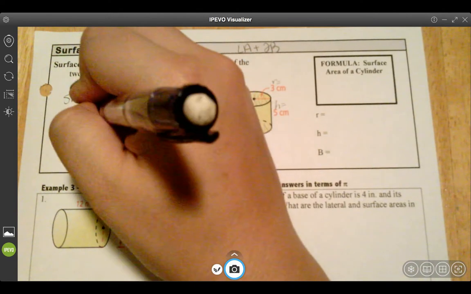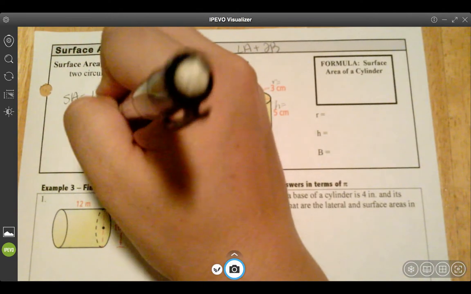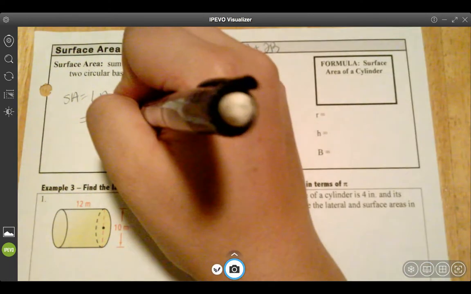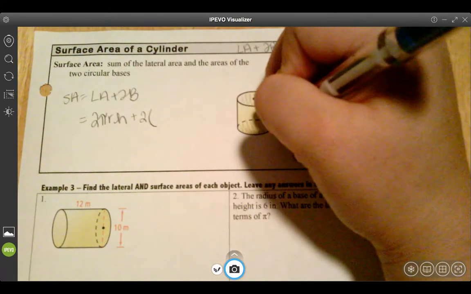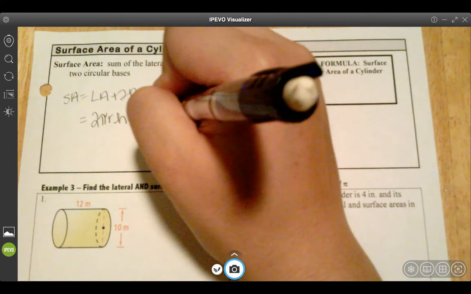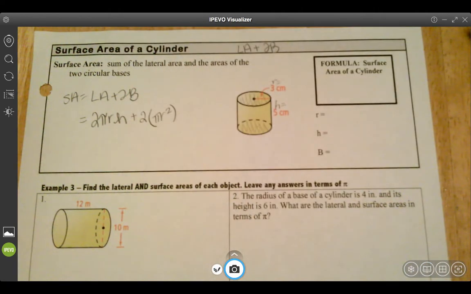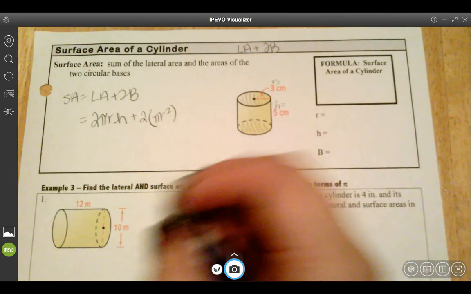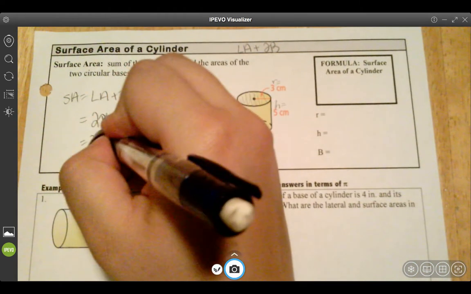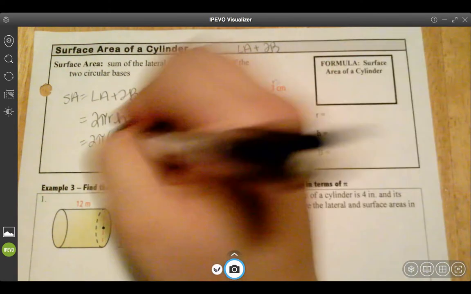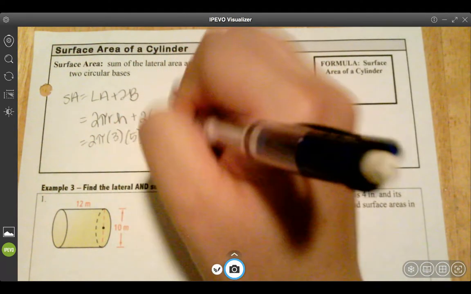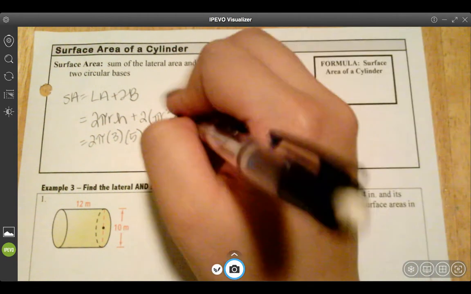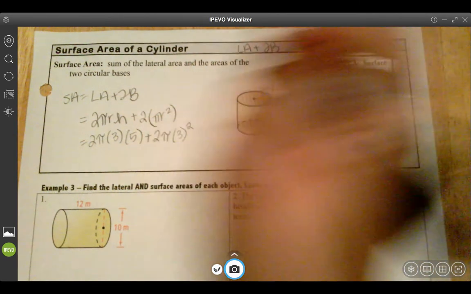Lateral area will always be 2 pi r h, because a cylinder always has the same shaped base, plus 2 times our base, which will always be pi r squared, because it's a circle. So if I substitute the values, that would be 2 pi times 3 times the height of 5, plus 2 pi times our radius of 3 squared.